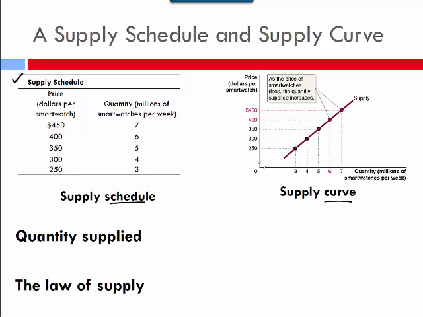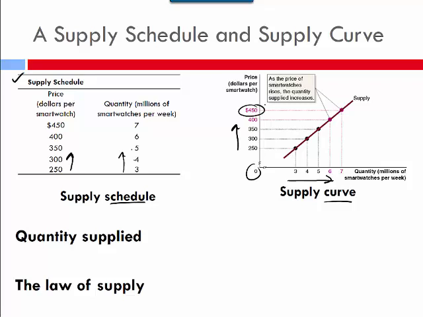But what we see here is that as the price goes up, the quantity that these firms are willing and able to supply goes up. Instead of an inverse relationship, we see a positive relationship between these numbers. The higher the price goes, again, farther away from zero, the higher the quantity supplied goes, again, going farther away from zero.